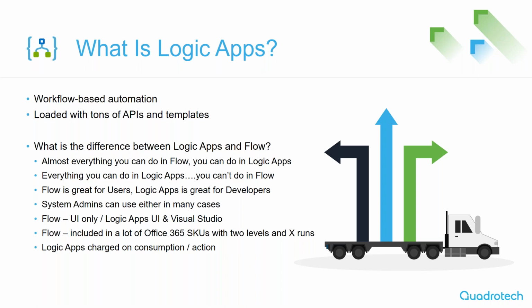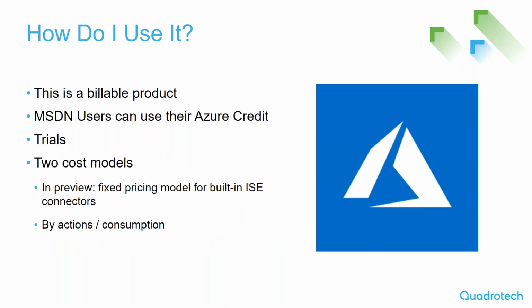So Flow is based on your user license, and Logic Apps is on consumption or action. So it's really based on what the app is actually consuming. So we'll also talk about here how to make efficient pieces to ensure that you're not charging up your account.